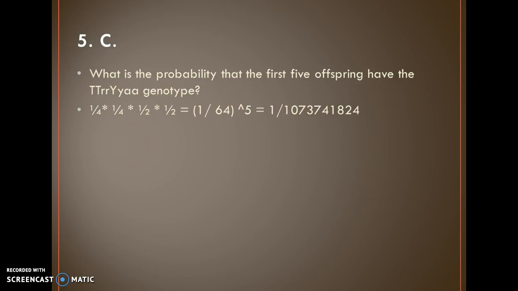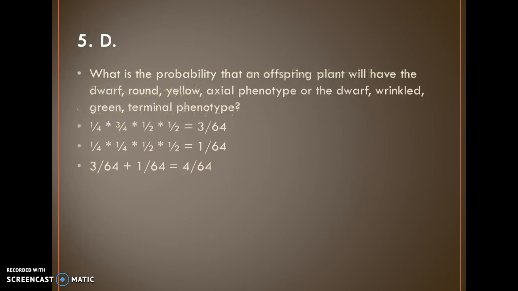And we're going to multiply all of them together, but it's the first 5, so we get 1 out of 1,073,741,824. And 5d. What is the probability that an offspring plant will have dwarf round yellow axial phenotype or the dwarf wrinkled green terminal phenotype? And so we're going to have to do them separately and then add them together because there's OR in the problem.